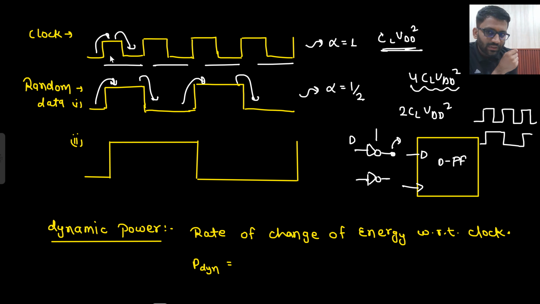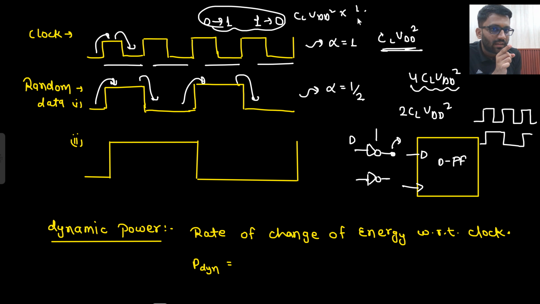So in two clock cycles, there is one 0 to 1 and one 1 to 0 transition. So in total it will take CL VDD square. In two clock cycles, that means I need to multiply by half CL VDD square. Are you getting this point?